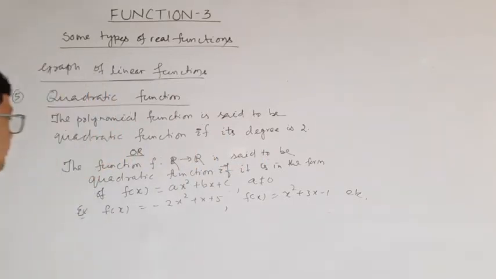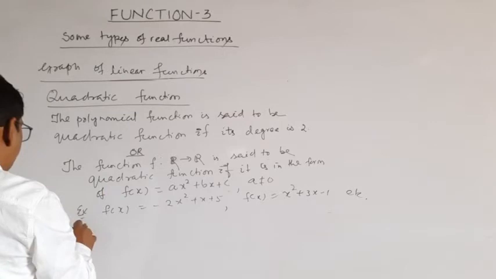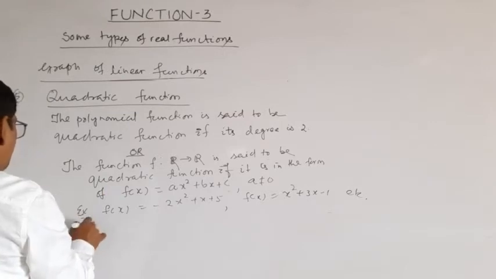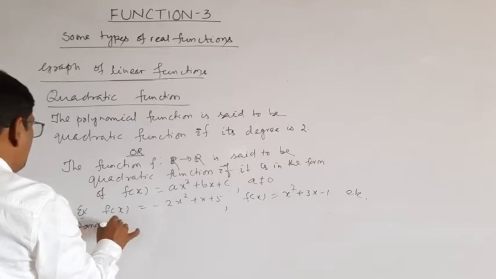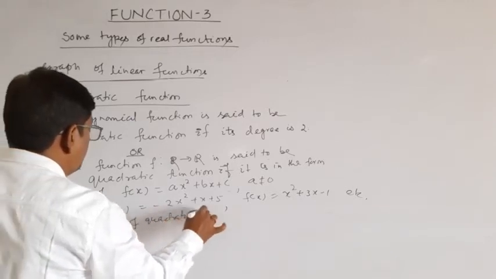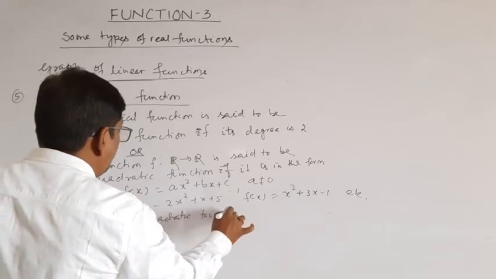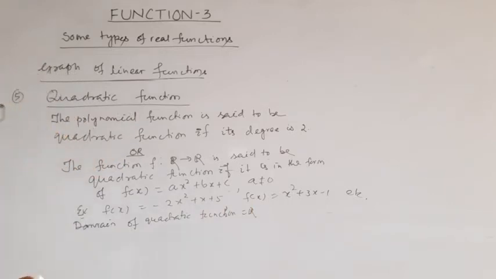Okay, the domain is always the set of real numbers. Domain of the polynomial function, domain of the quadratic function is R, and range depends on the equation or function.